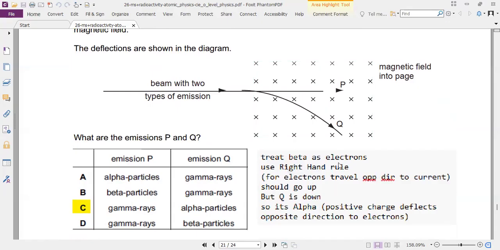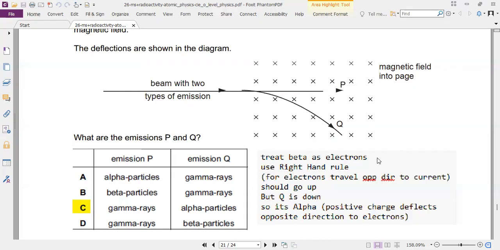Okay, look at this working, this reasoning. We can treat beta as electrons, and we can apply the right hand rule. Now, if you remember, we used the left hand rule for the motor to know which direction it will give you the thrust, i.e., which direction the coil will move.